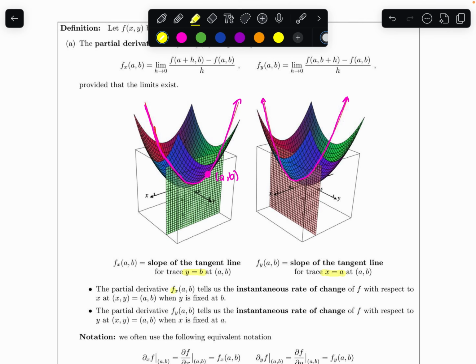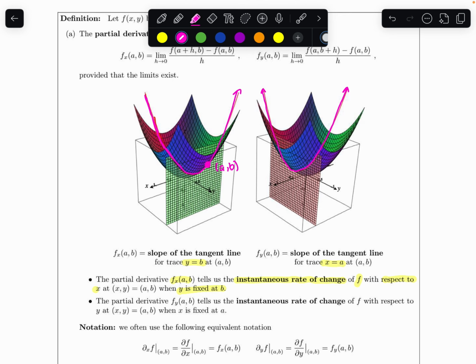The partial derivative at that point tells us the instantaneous rate of change of the outputs, we call them F, with respect to, let's say, x, when y is fixed at B. For this one, where we have x equal to a, right? We're going to look at the partial derivative with respect to y at some other point. It doesn't matter what we call it. We're looking at the instantaneous rate of change of the outputs, right, with respect to y when x is fixed, right? So those are some of our notations.